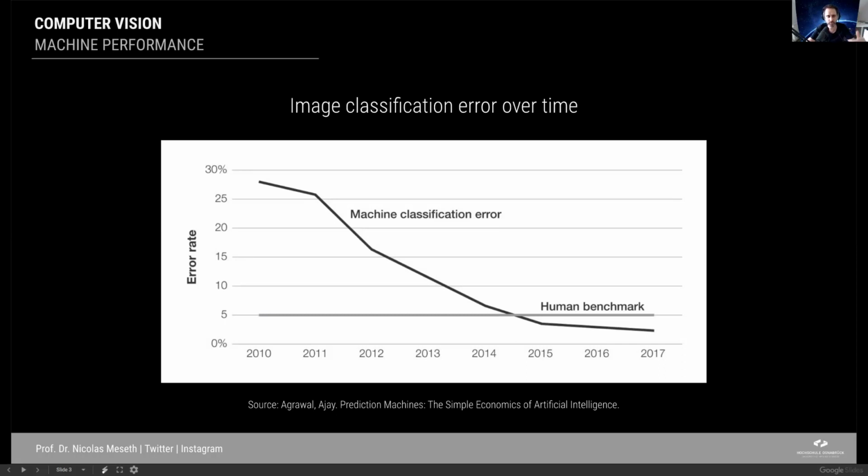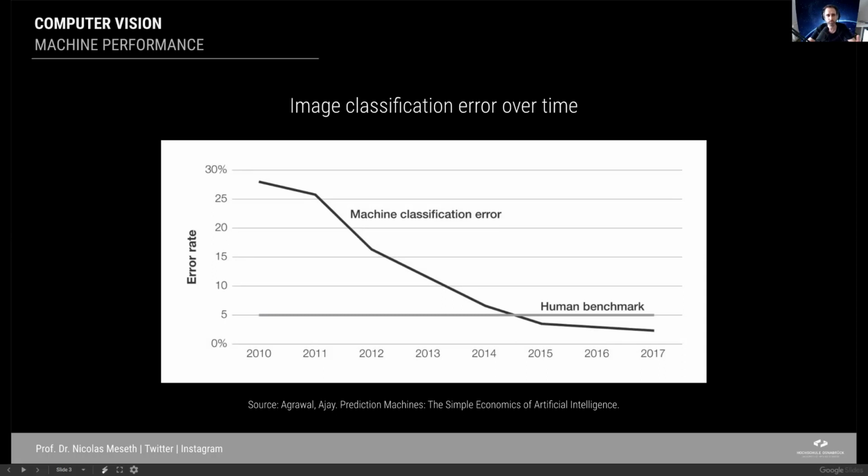In 2010, as you can see, that was before the deep learning revolution. The deep learning revolution basically started in 2011 or 12. When we see this downward slope, we mean the great success of applying neural networks with enough computing power and enough data for specific tasks, one of them being computer vision.